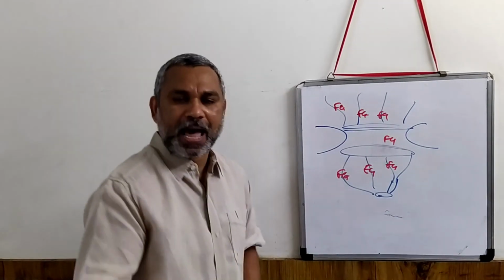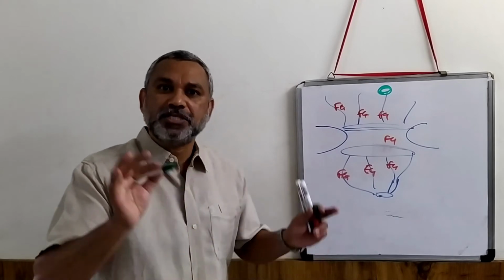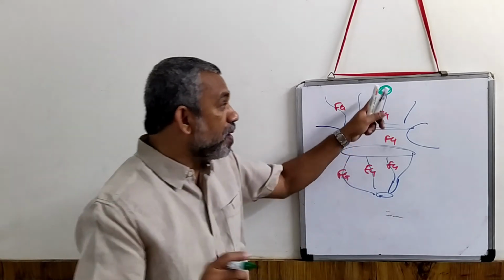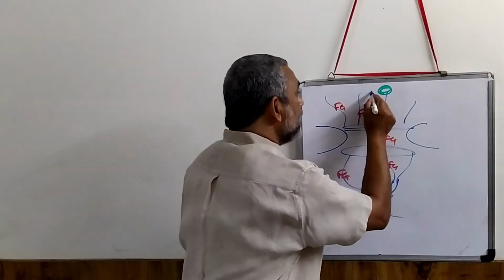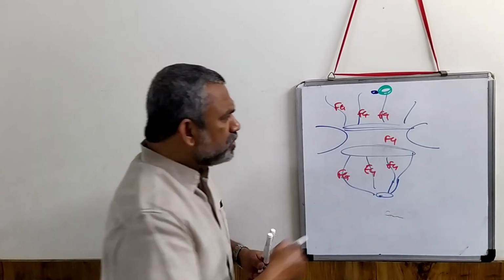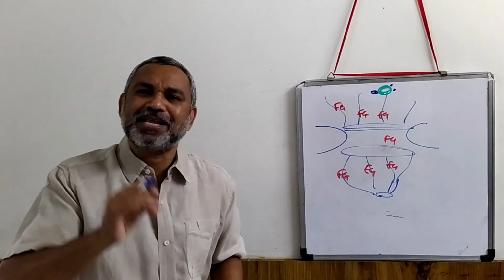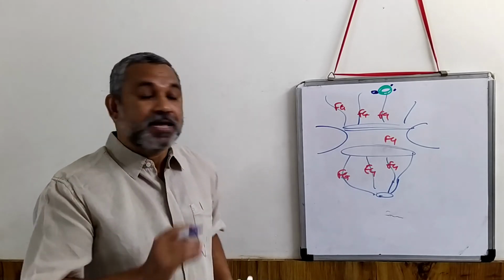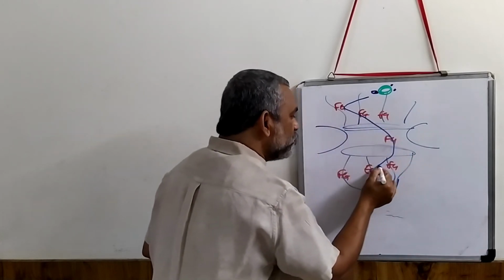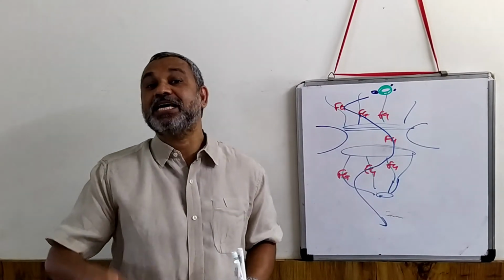Now, one hypothesis says that if this is the cargo that is bound to the receptor, the receptor should be able to bind to the cargo as well as interact with the FG region. The importin has two sites which are able to interact with the FG region. This interaction pushes into the next one, and in this manner the cargo can be pushed inside the nucleus.